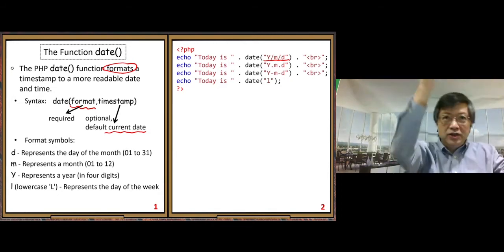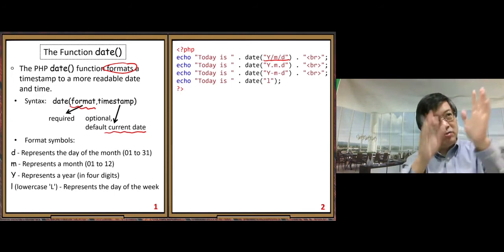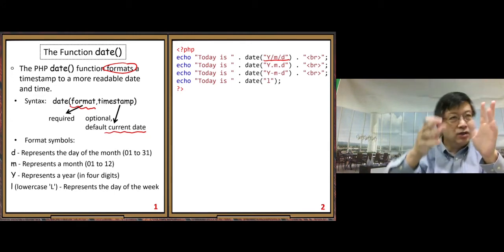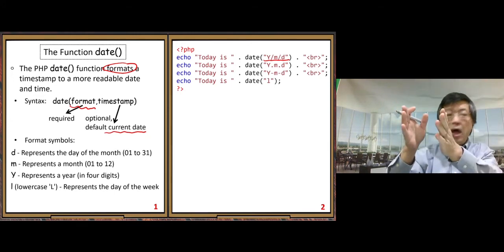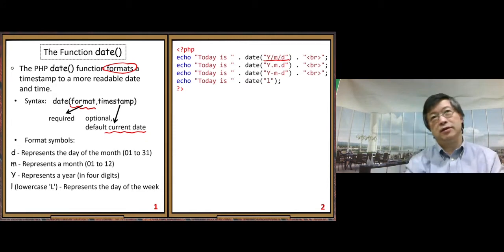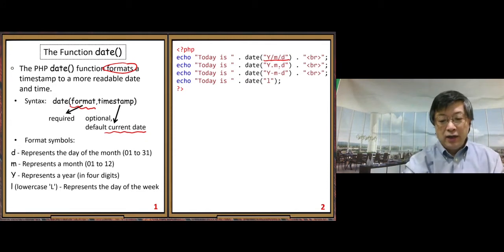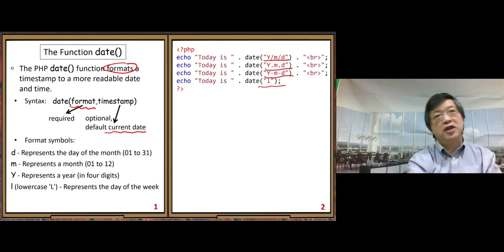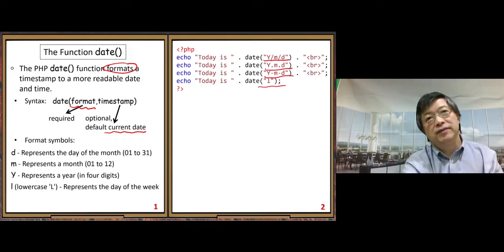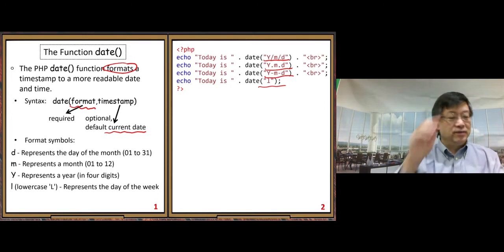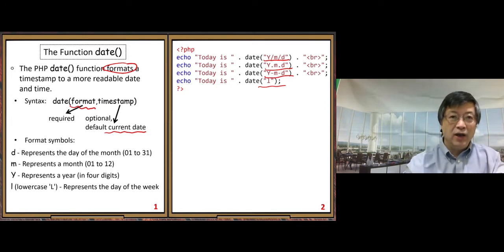That is a 4-digit year, a 2-digit month, and a 2-digit day number. That is straightforward, and for the others you can understand the meaning easily. So that's the first part.